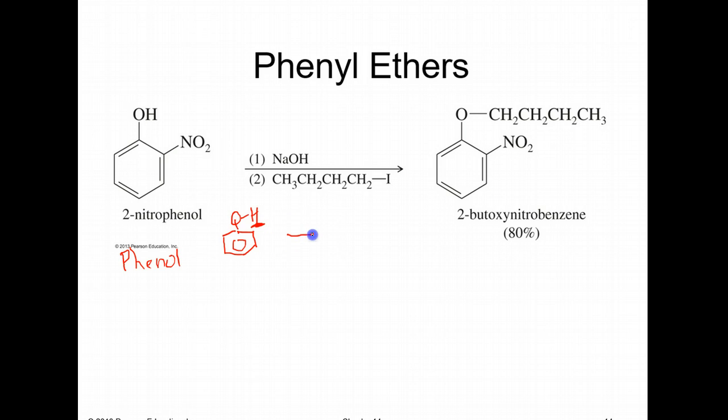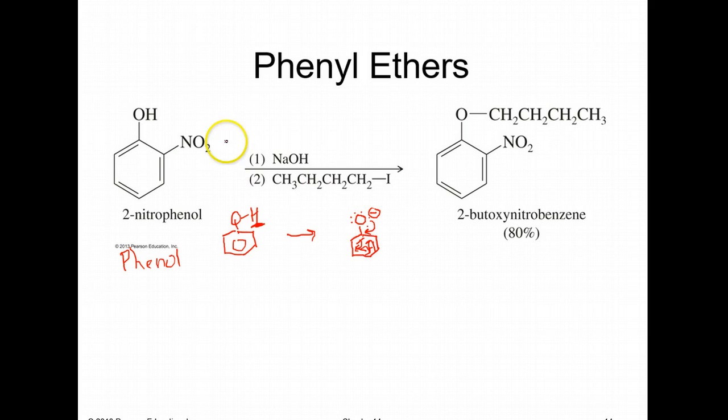All right, and that's because when you pluck them off, you form a negative charge on those oxygens. And what is so special about forming a negative charge on a phenol that makes it much more acidic? All right, well, the answer is resonance.